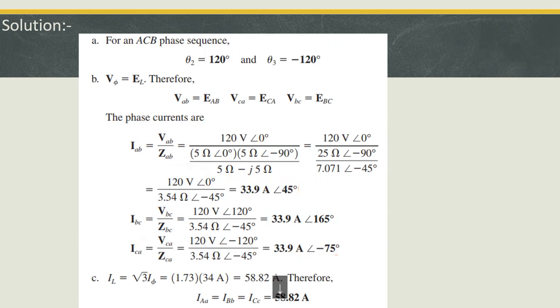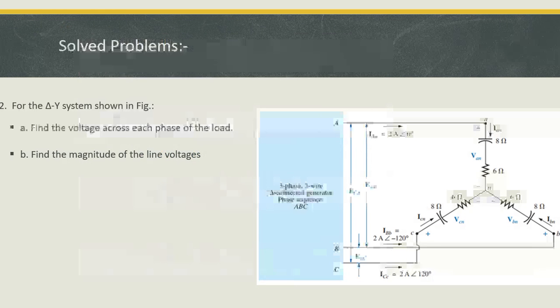Okay, so then consider this problem. In this problem a star connected load is connected across a delta connected generator. So it is a 3-phase 3-wire system. Even though here the neutral point is available, on the generator side there is no neutral point, so only a 3-phase 3-wire system exists.